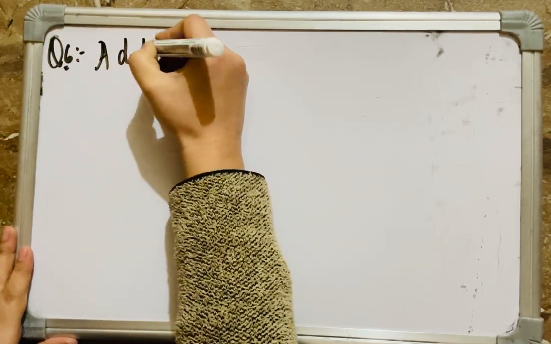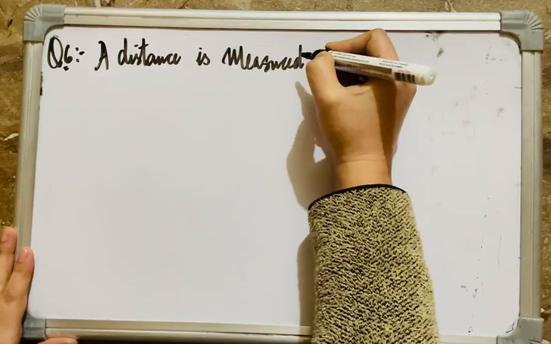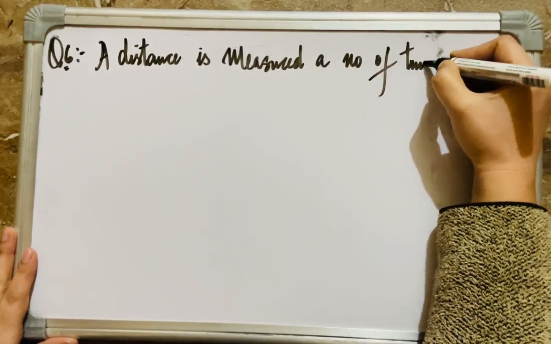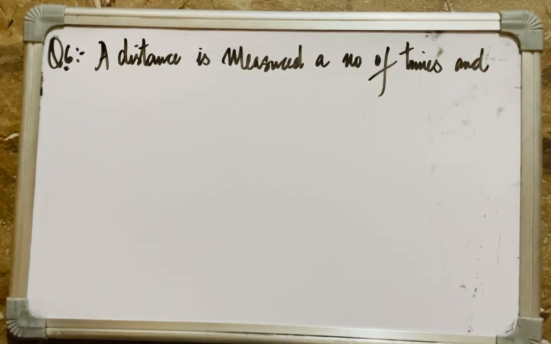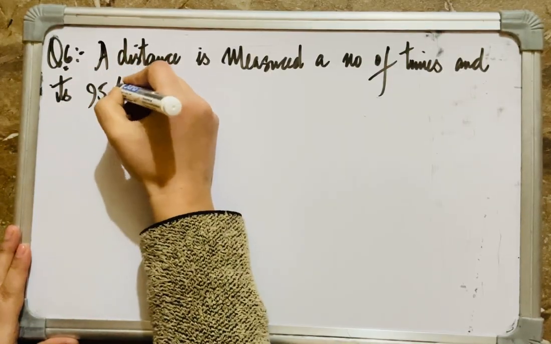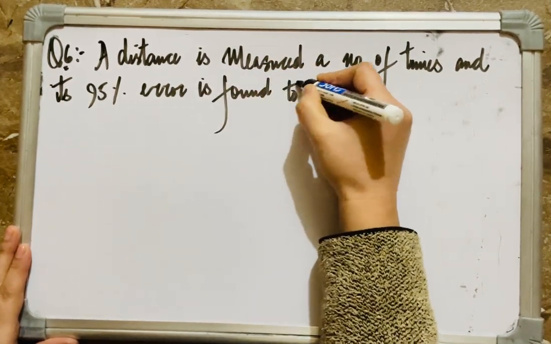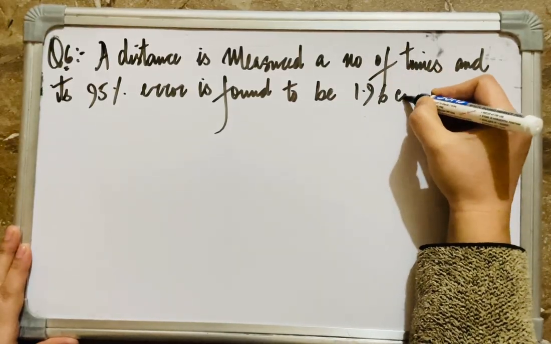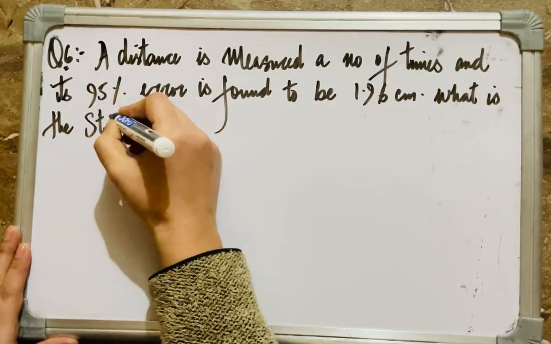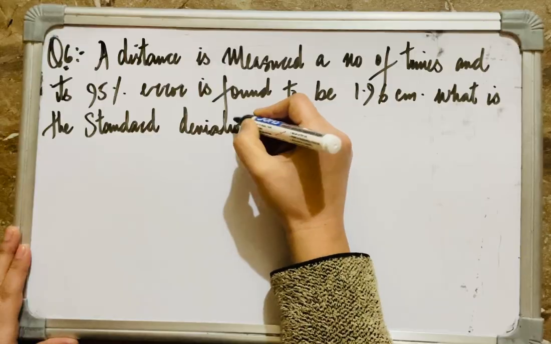A distance is measured a number of times, and its 95% error is found to be 1.96 centimeters. What is the standard deviation?